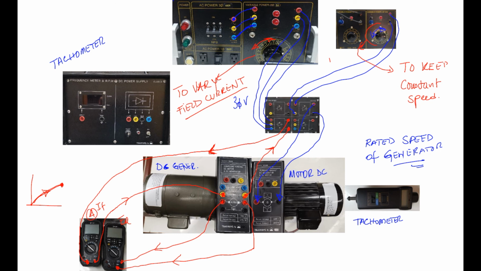Okay, so we reach maximum, we go back towards zero to plot the other part of our characteristic, like this. This should come in from this point here. Let's change the color to show you the other one.